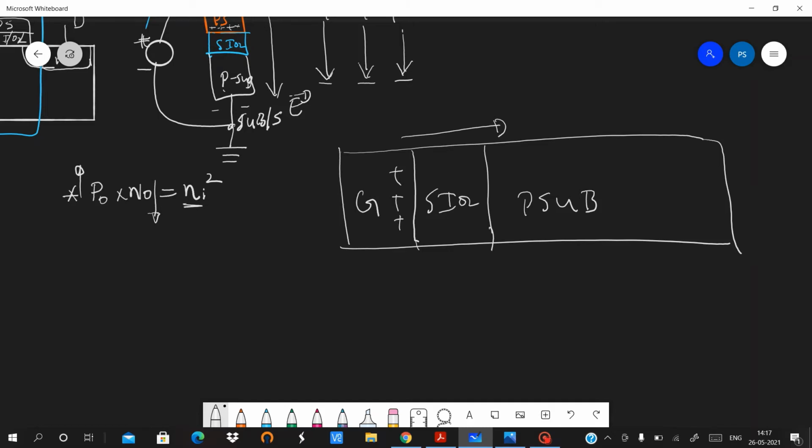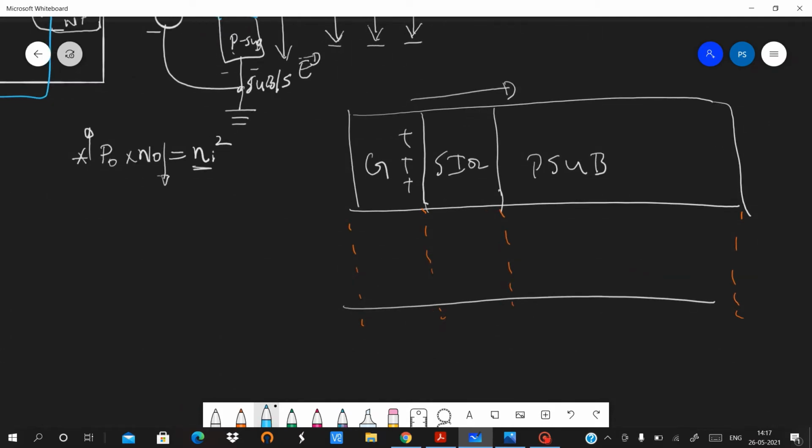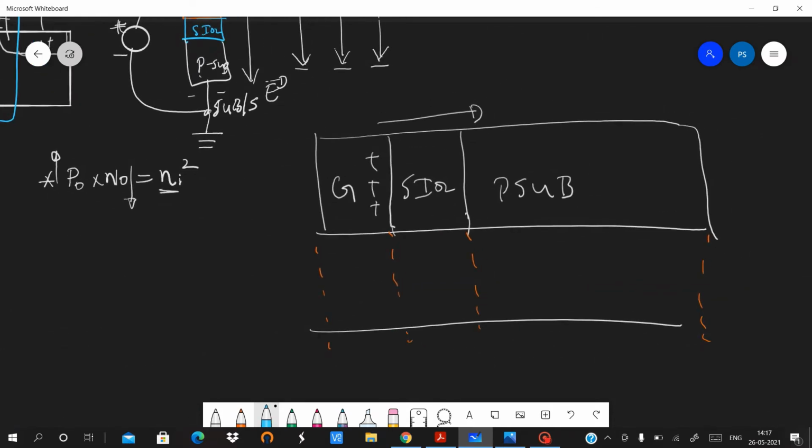So below this diagram, I will draw the diagram in terms of charge carriers. Because this is a P substrate, let's say P0 is the holes and N0 is the number of electrons. Because P0 will be more, it means N0 will be less.